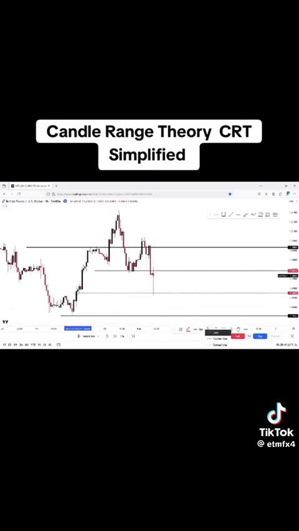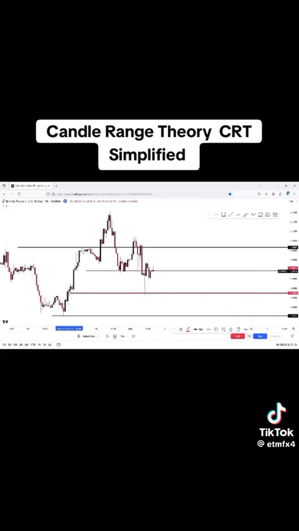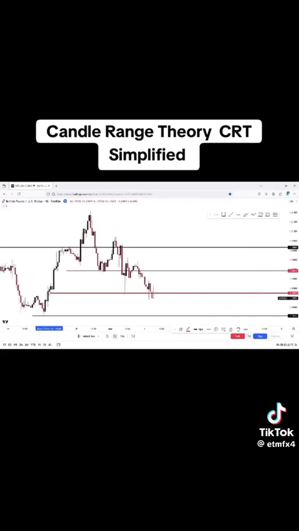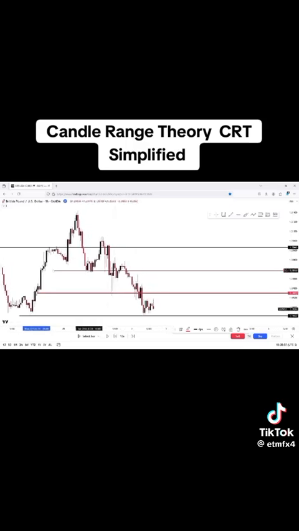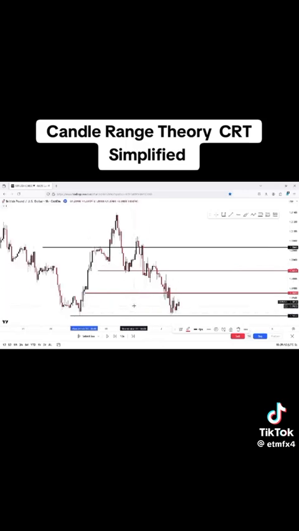So this is the 50%. Look what happens next. Price reached the 50%, came back, closed the day outside of your range, and now the next day is when price filled out your entire range.